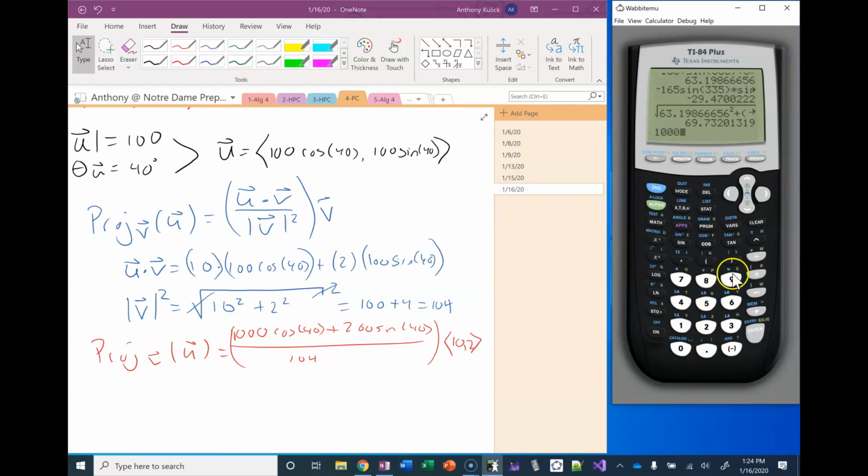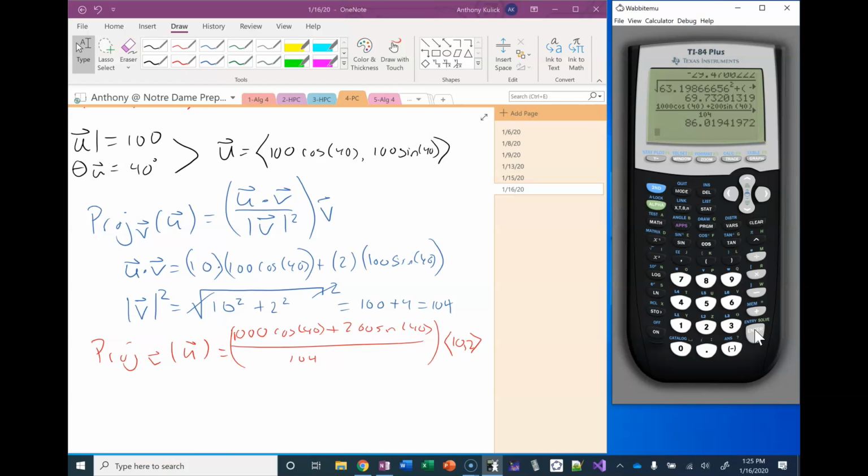So we have 1,000 times cosine of 40. Oops, let's do it as a fraction. 1,000 cosine 40 plus 200 sine 40 over 104. And then I need to multiply that by 10.